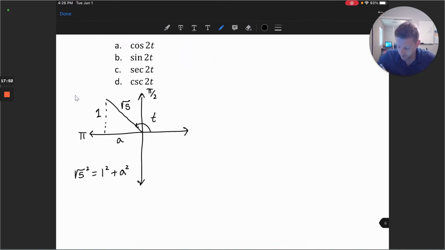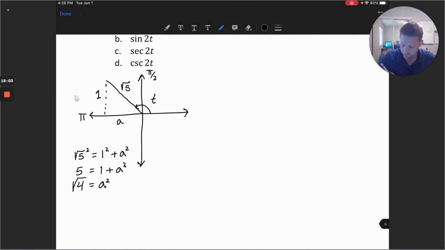So we have 5 on the left side, 1 plus a squared, or 4 equal to a squared. Therefore, if we take a square root of both sides, a equals plus or minus 2. And in this context, a is going towards the left side of the y-axis, or the negative x-axis, excuse me. So this x would have to be a length of negative 2. So watch out for the negatives and positives here as we go for the Pythagorean theorem.